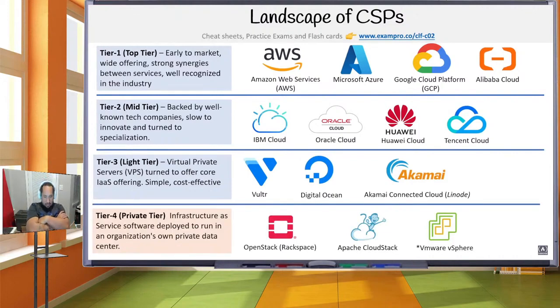VMware has just been shut down. We even got an asterisk next to it.